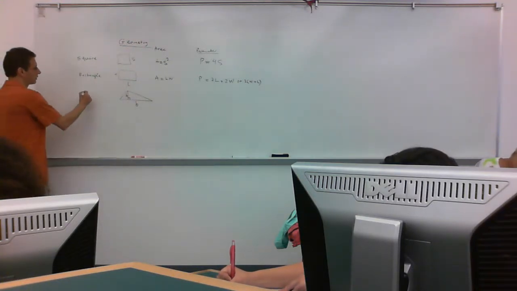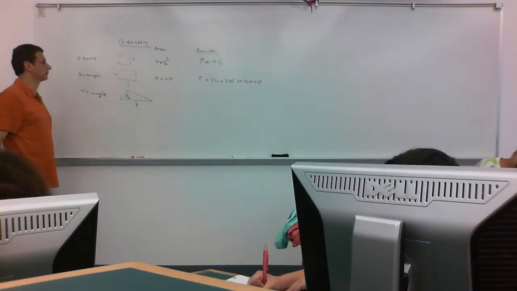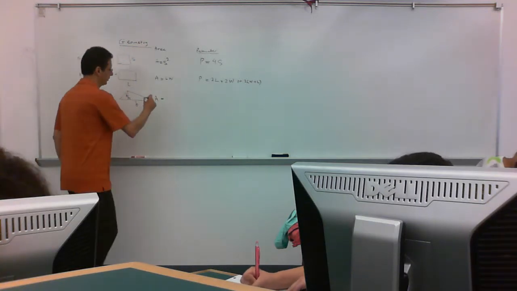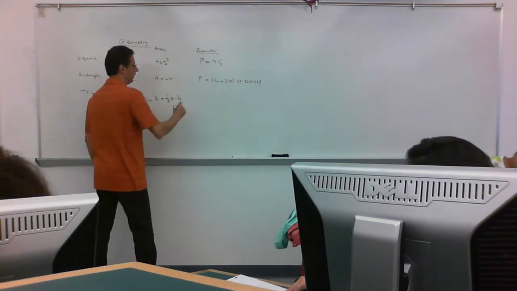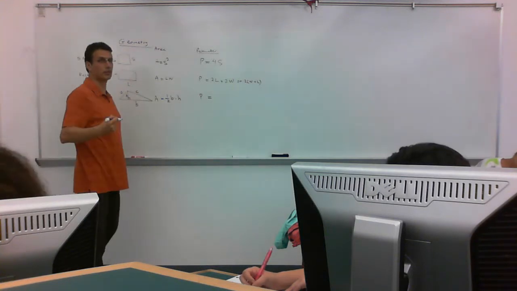Okay, what do we call this? Triangle. What's the area equal to? Half the base times the height. Perfect. And the perimeter is simply add up the sides, right?